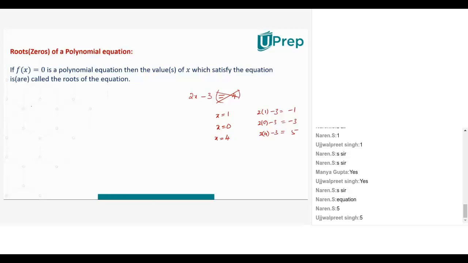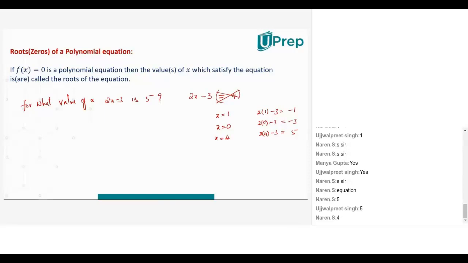My question is, understand this question now. For what value of x is 2x minus 3 equal to 5? What will be the answer to this question? For what value of x?